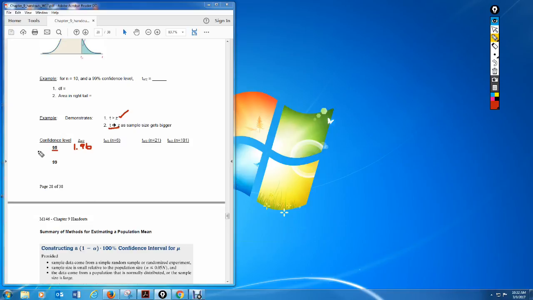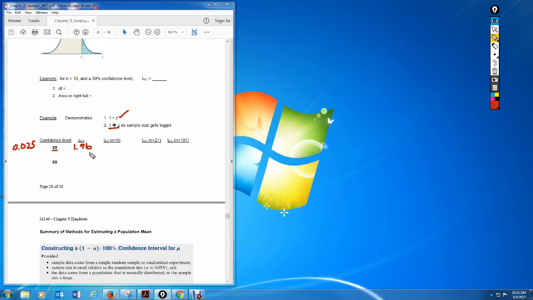Okay. Now for a confidence level of 95%, that means we have 95% area in the middle, 5% left over, divided by the two tails. So in other words, I have an area of 0.025 in each tail. So the area in the right tail, which is what you want to look up in the table, is 0.025.